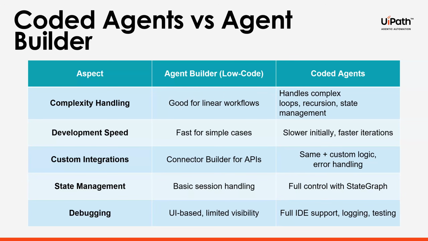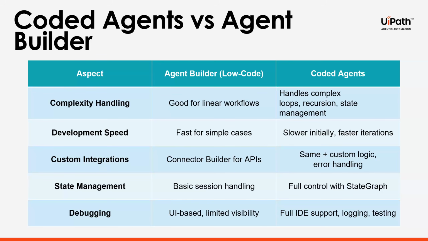And you have better control over the states of your agent with the use of state graph. Since you are building your coded agents in your IDE, you will have better visibility of the execution of your agents, which in turn gives you more space for debugging.